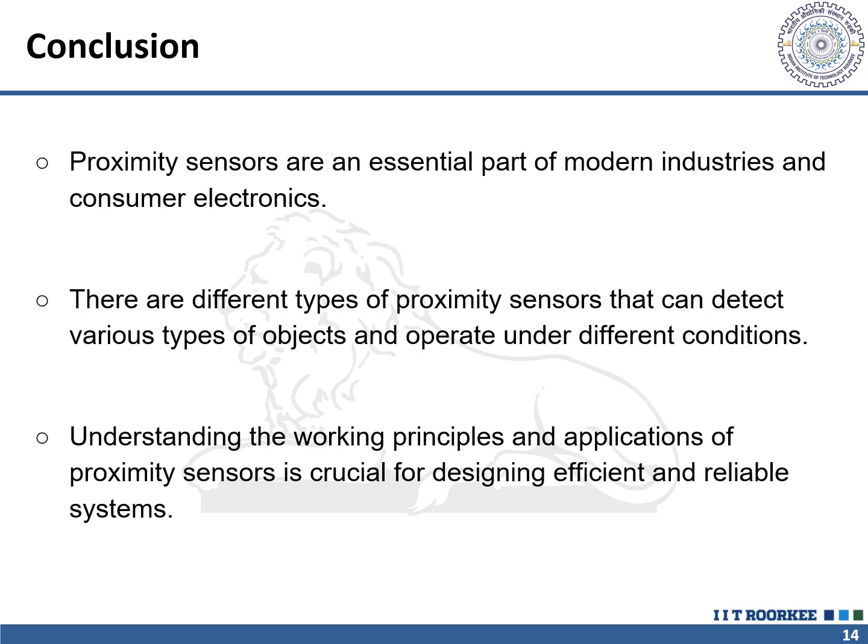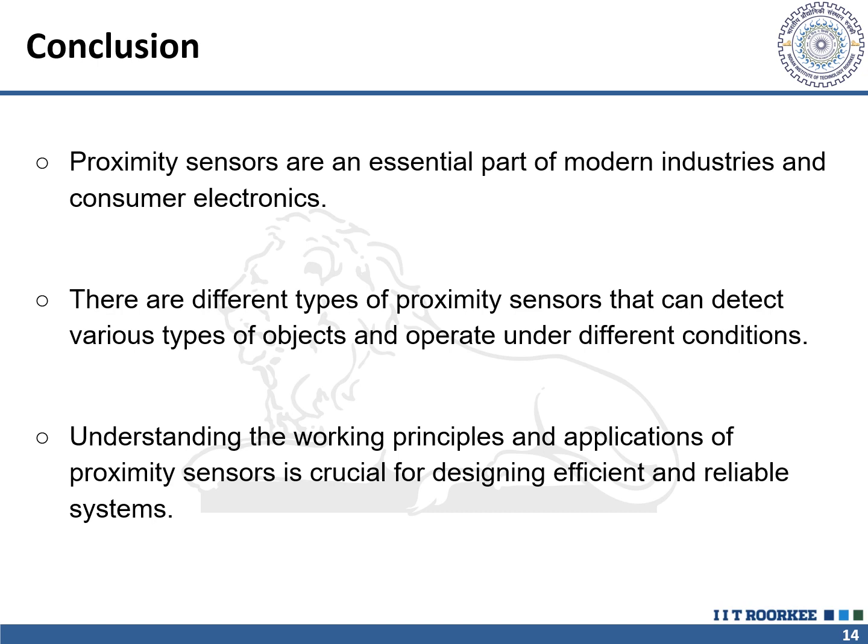From the previous slides, we can conclude that proximity sensors have a very wide range of applications. These are an essential part of modern industries and consumer electronics. There are different types of proximity sensors that can detect various types of objects and operate under different conditions. For example, inductive proximity sensors are used to detect metallic objects.